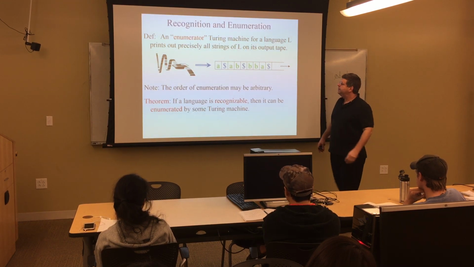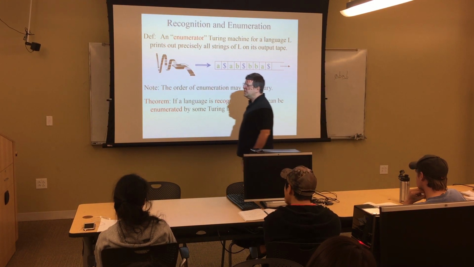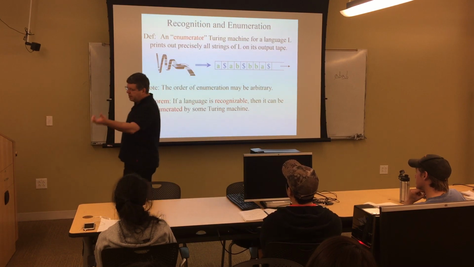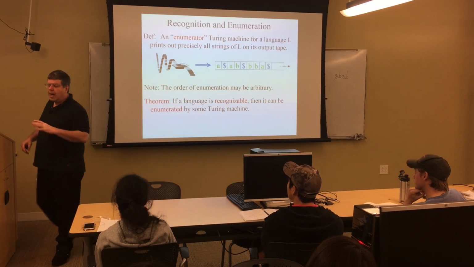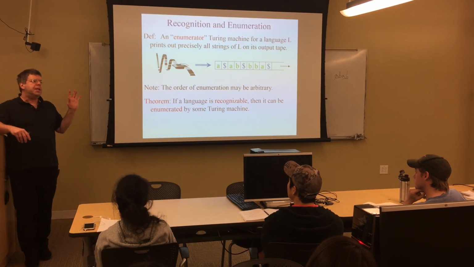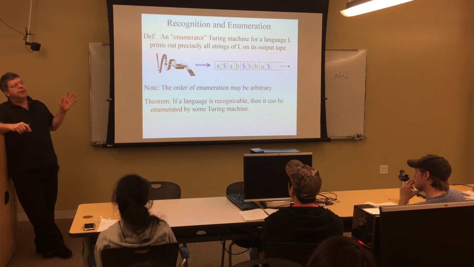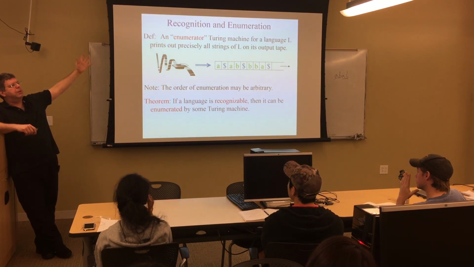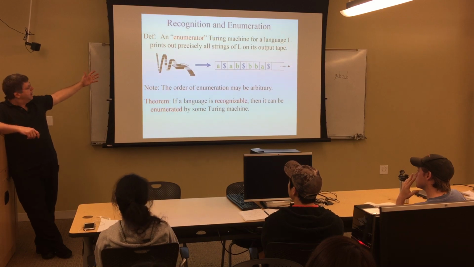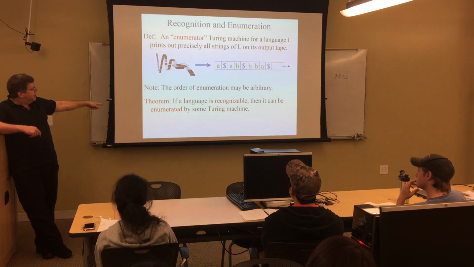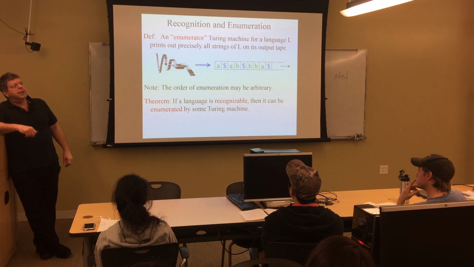So a recognizer is a black box that recognizes yes instances. On no instances of the language, things that are not in the language, it either says no or runs forever. I don't care which. But it doesn't say yes. So that's a recognizer. How many understand that? That's its definition. What a recognizer is. So we have a recognizer. How do we build an enumerator from it?